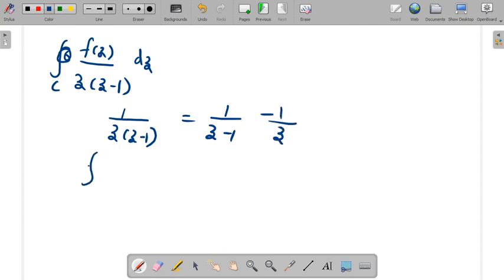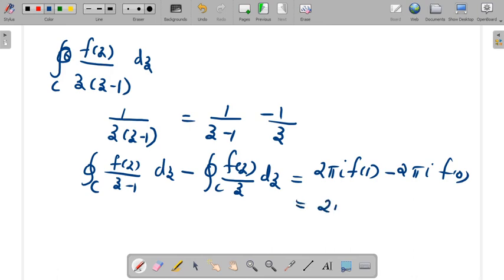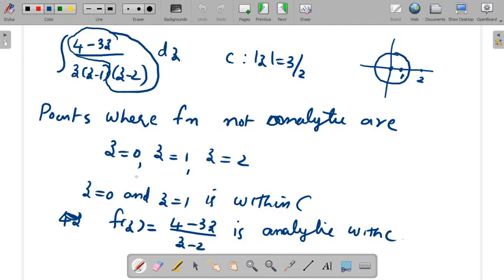So we get this integral as the integral over C of f(z) by (z − 1) dz minus the integral over C of f(z) by z dz, which is equal to 2πi times f(1) minus 2πi times f(0). Here f(z) is (4 − 3z) divided by (z − 2).